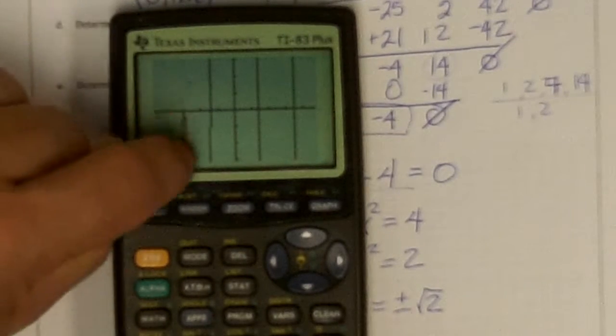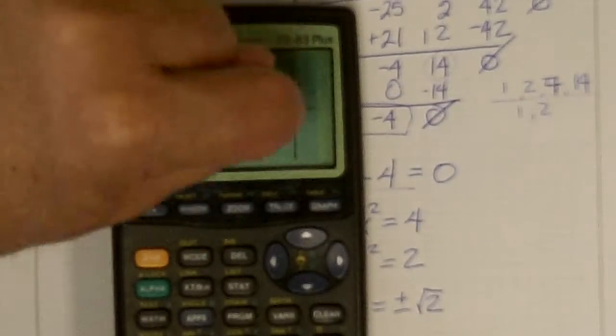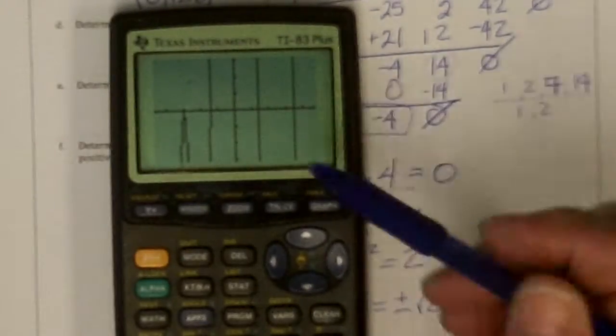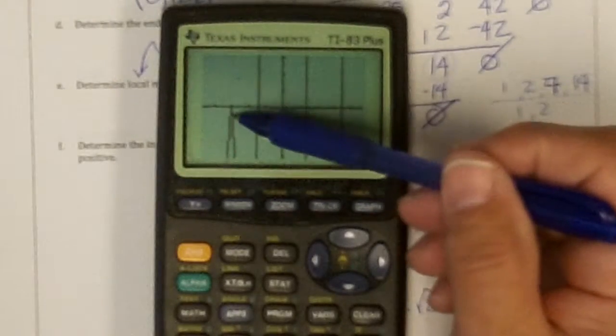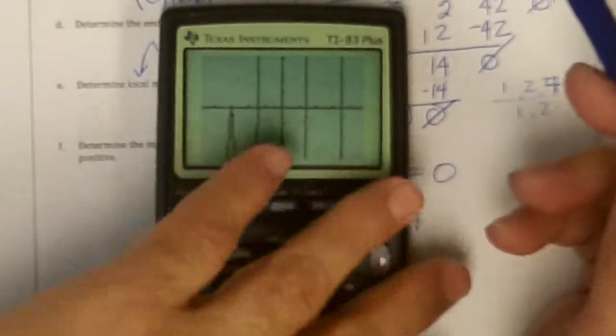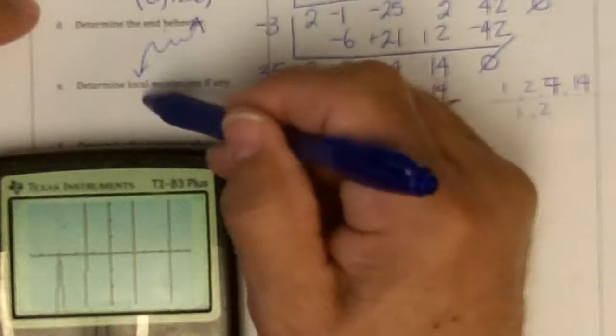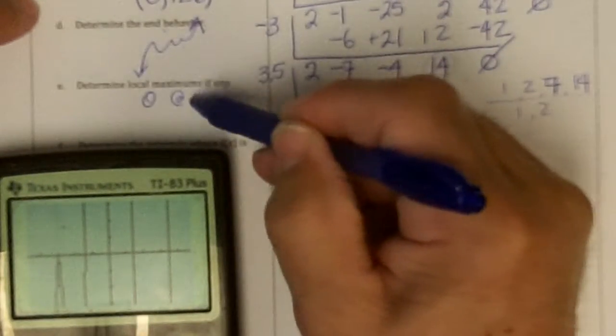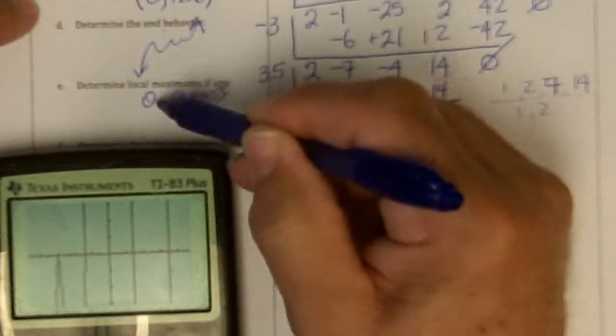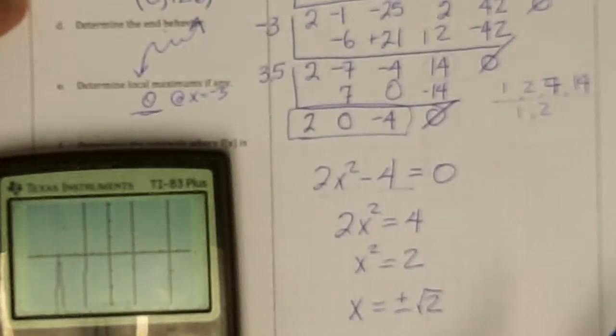So it went up, down, then went way up and down, way down and back up, and so we're looking for maximums. Well, there's a maximum right there, and it looks like it got up to 0. In fact, that's what we knew it was. So we have a local maximum of 0. It happens at x equal -3, but it's 0. That's the answer I wanted.